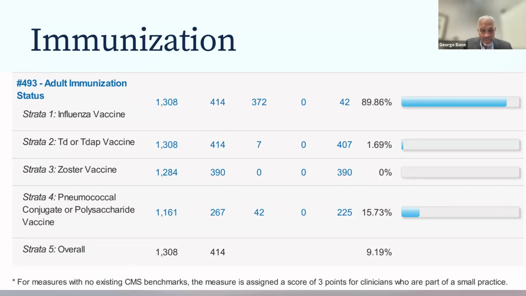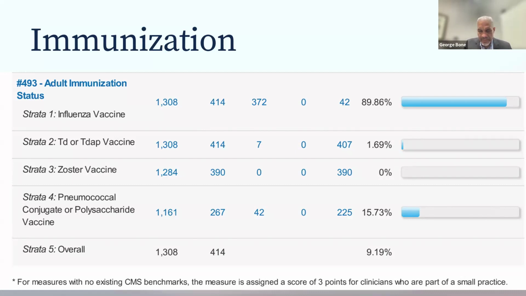We're doing excellent as far as flu vaccines, 90% completion rate. And we have now started working on zoster, Tdap, and pneumonia, which is now being included as a bundle in reporting to MIPS.